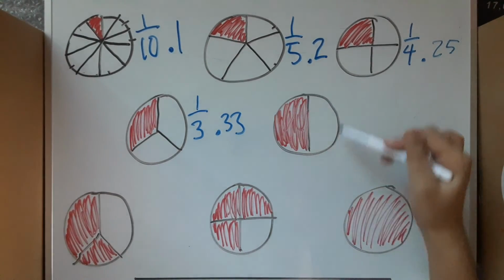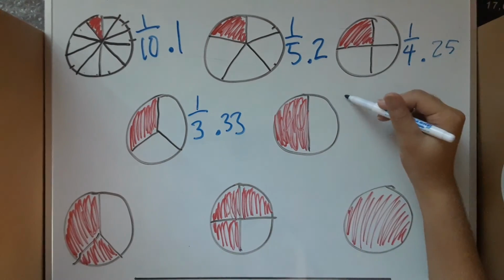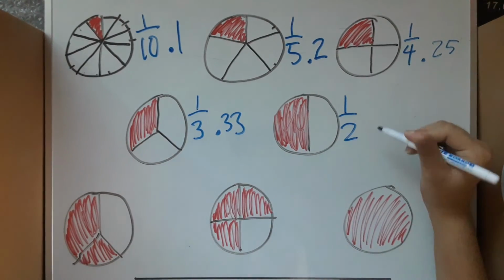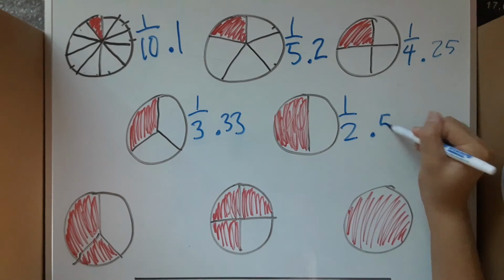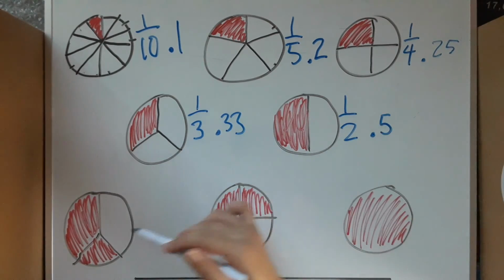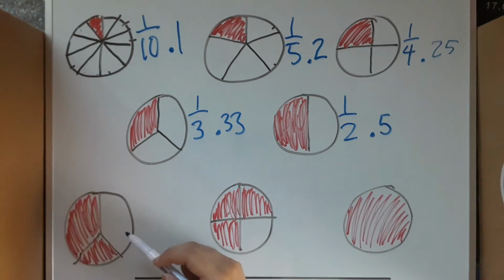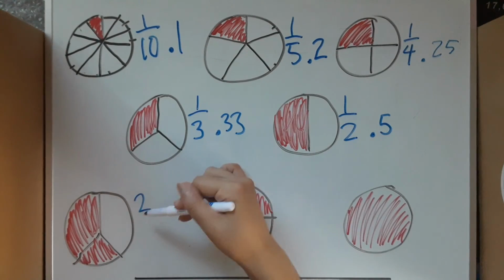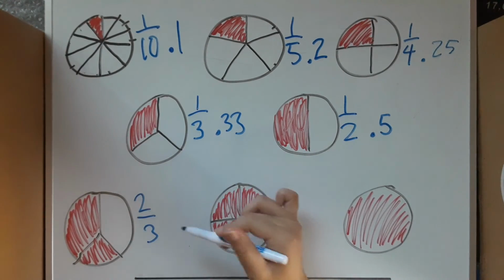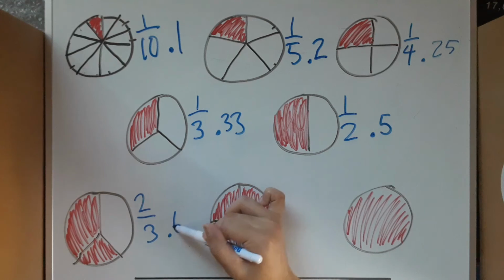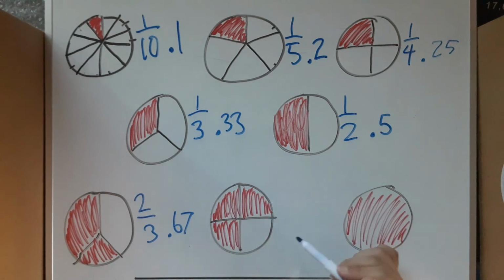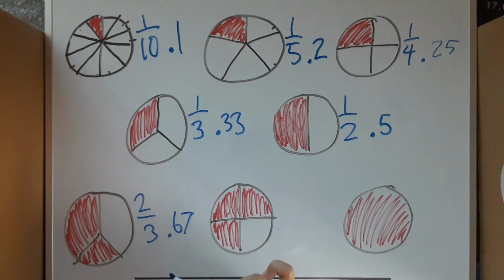One piece out of these 2 are filled in, so that's 1 out of 2, or 5/10. 2 pieces out of the 3 are filled in, so that's 2 out of 3, or 0.67. Also said as 67/100.